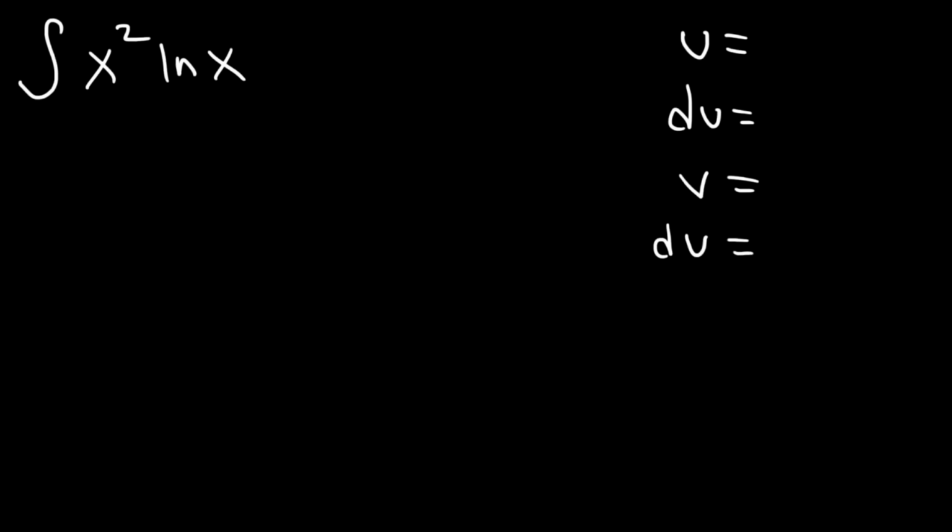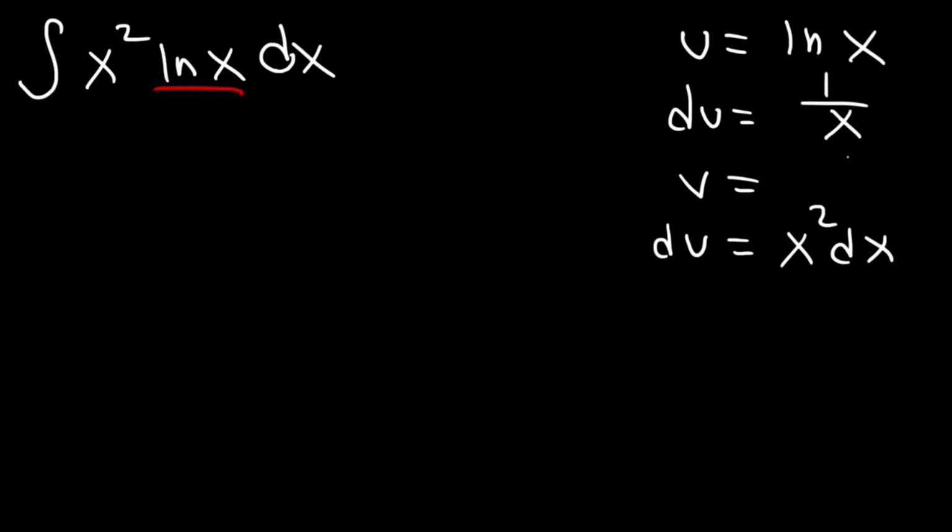If we make u equal to x squared and we make dv equal to ln x dx, the integral of ln x will be quite difficult to do unless you know what it is, so we're not going to do that. So it's best to make dv x squared dx, and u is going to be ln x because we know the derivative of ln x. The derivative of ln x is 1 over x.